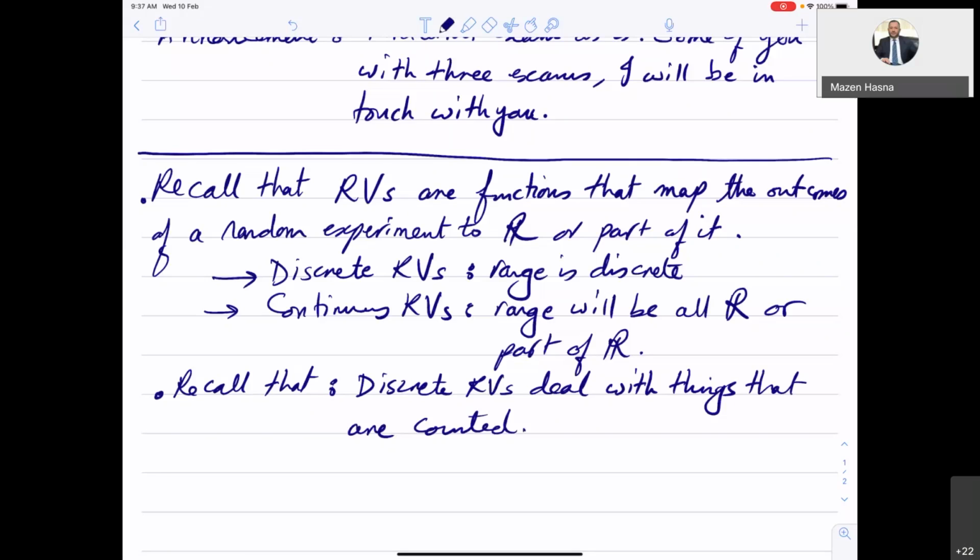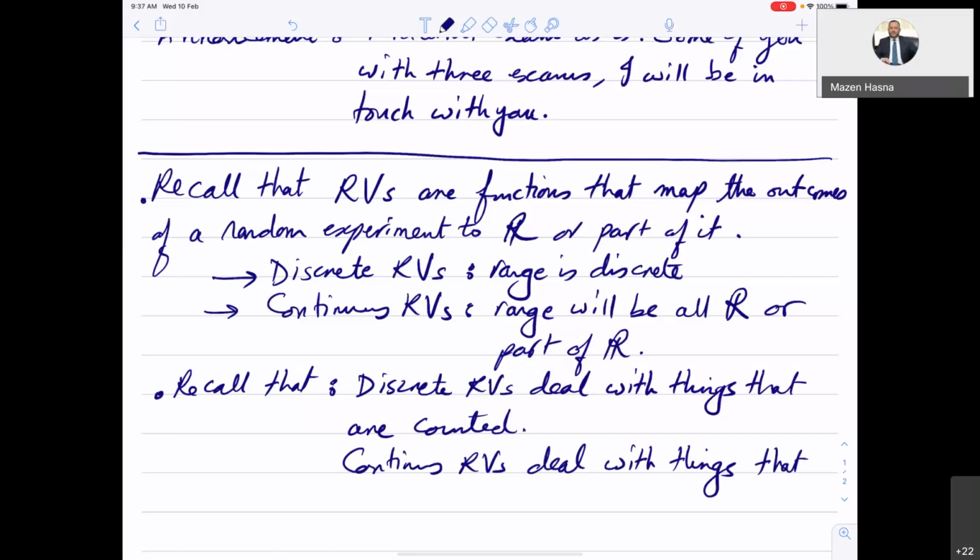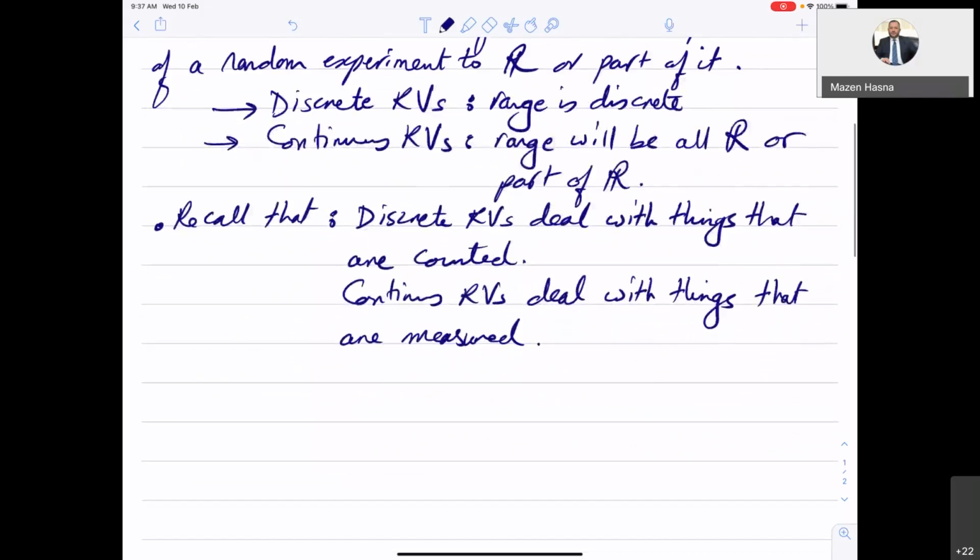So it boils down to be a discrete random variable, while continuous random variables deal with things that are measured. Temperature, pressure, depth, height, weight, all of these are things that are measured, and as you'll see, we characterize them using continuous random variables.